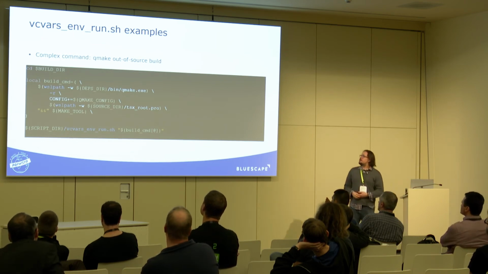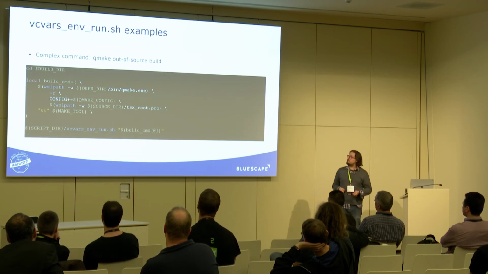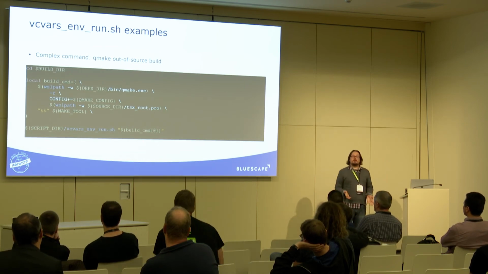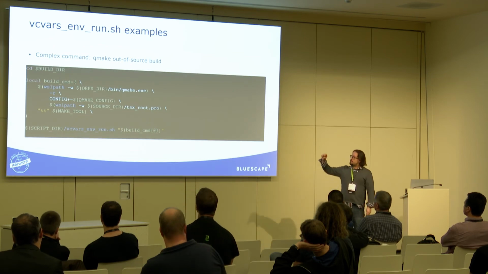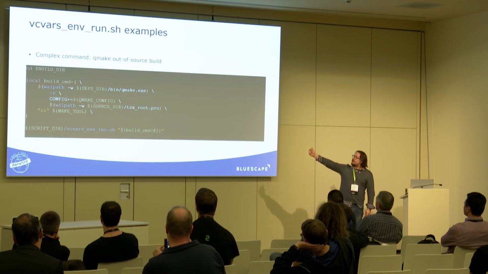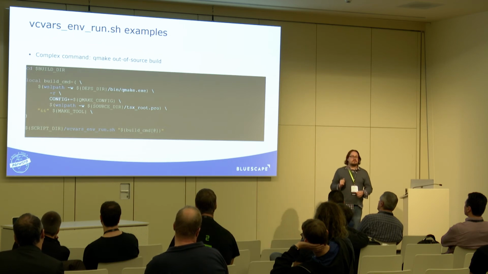And then you can do more complex stuff. Here's an example of a QMake out-of-source build in which we want to pass several arguments, and our command starts to be pretty long. So we use the facilities provided by the bash script language. You see the build command variable here. Every line in that command is an argument, separated by a space.